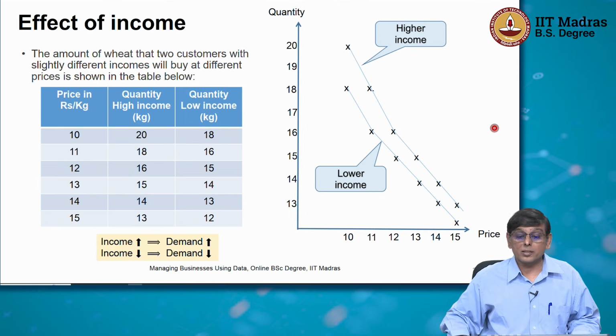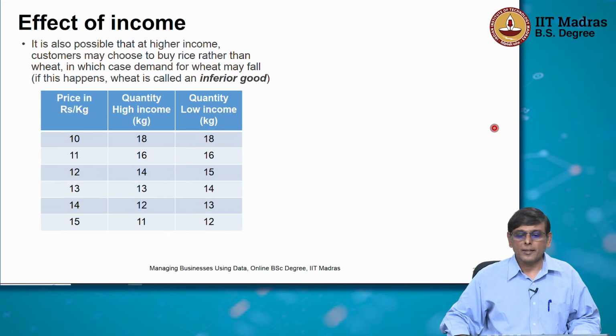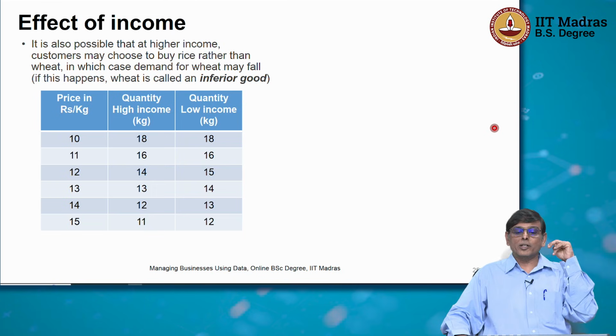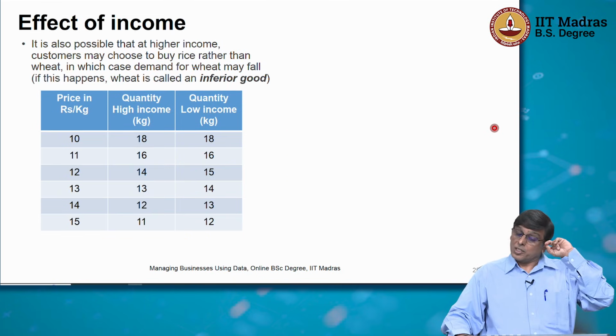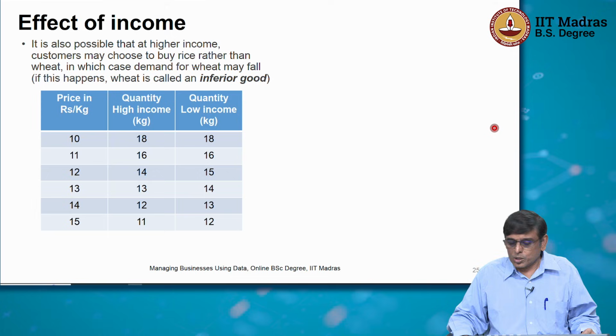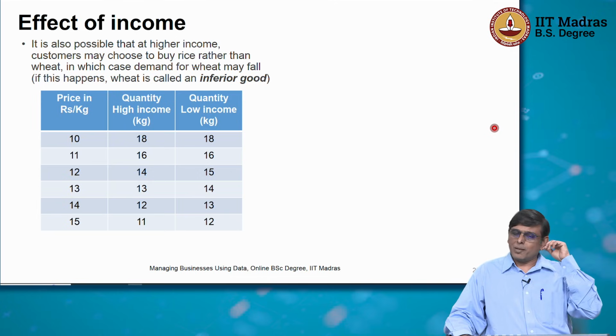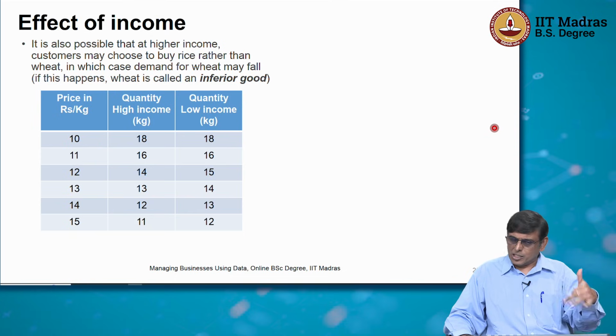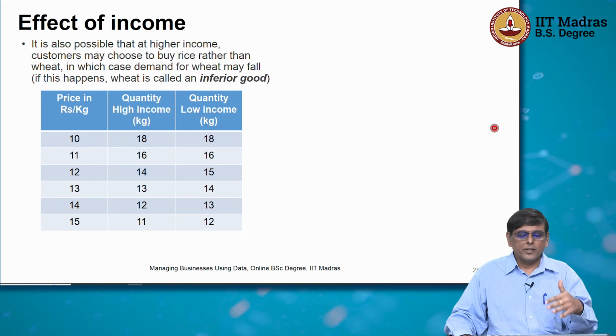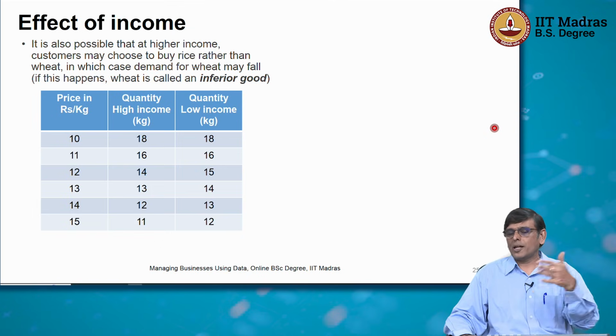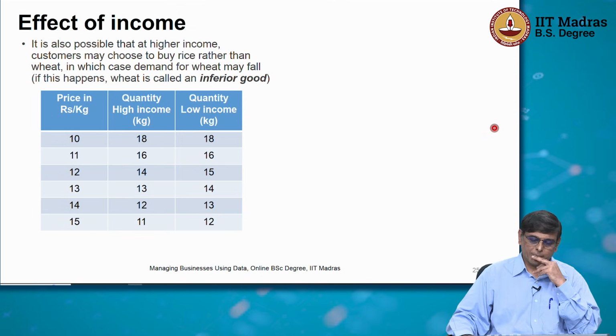Now sometimes strange things happen. This strange thing happens because there is not just one good, there are other goods, like substitutes. The reason I buy wheat is because I want to eat chapati, right? So I could buy wheat, make it into atta and then make chapatis out of it and eat it, or I can buy rice, cook the rice and eat it. These are two ways.